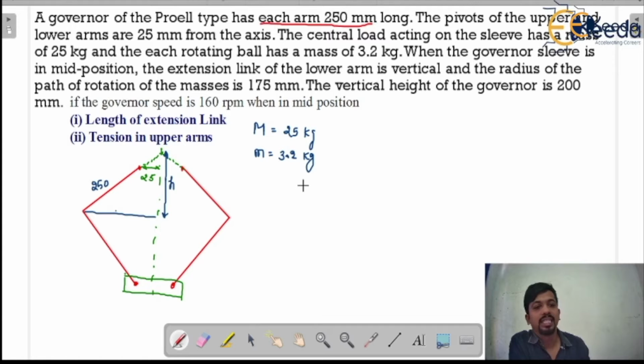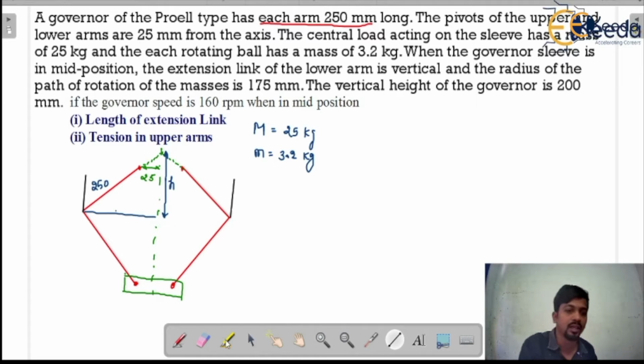When the governor sleeve is in mid position, the extension of the lower arm is vertical. What it is saying is that now we have to draw the extension of the lower link in a vertical position. When the sleeve is at its mid position, the extension of the lower link is in vertical position.